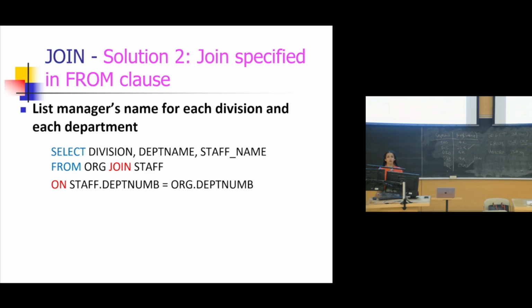So this is the only difference in the syntax, right? The logic is the same. You are still joining tables using the common attribute. But here, instead of writing from organization, comma, staff, you write from organization, join staff on this.